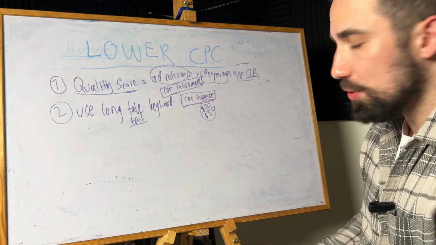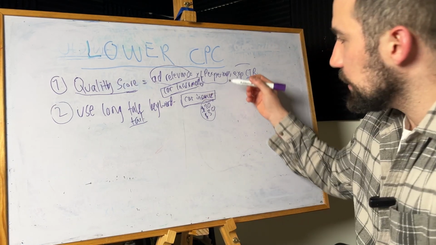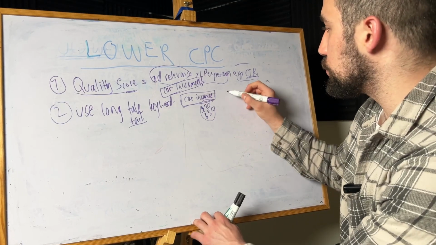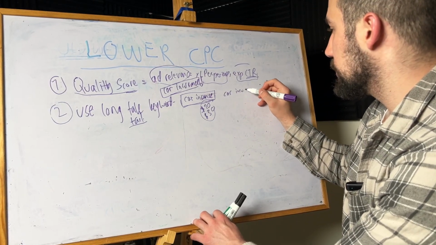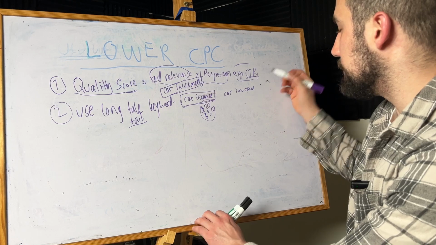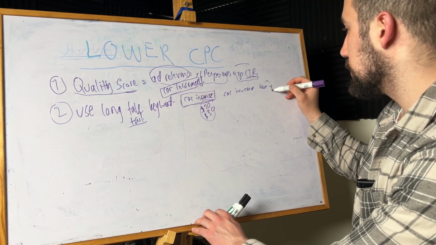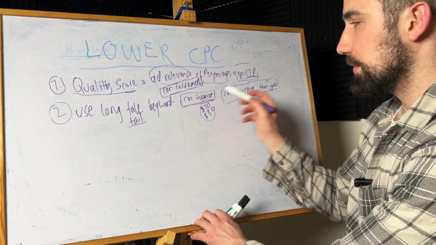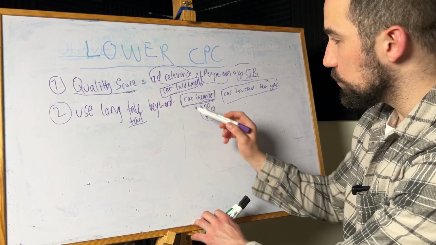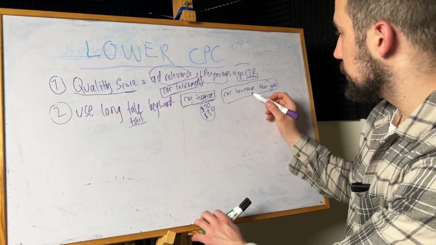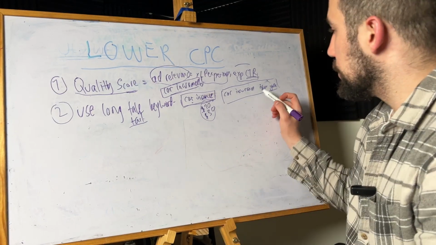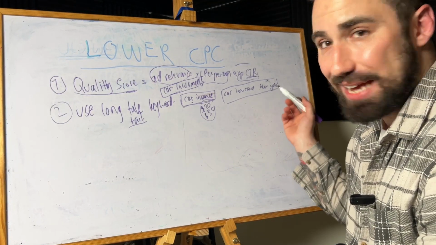This is $20, $30, let's imagine. And you want to lower this, so you use car insurance New York. This is going to be a way cheaper keyword compared to the broad one. And if you service the whole United States, you break this down by ad groups, right?